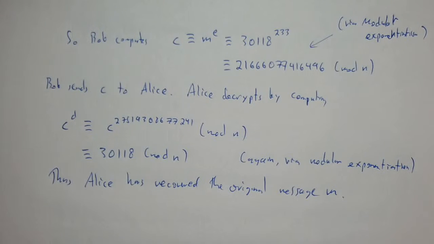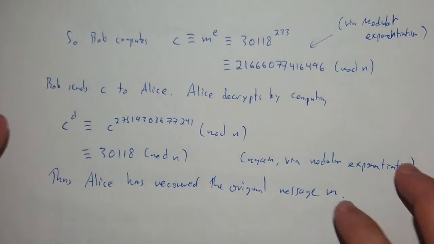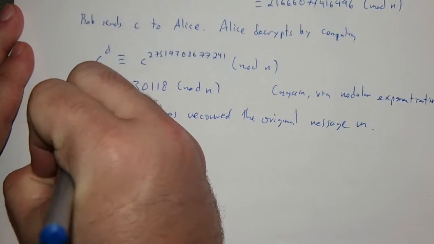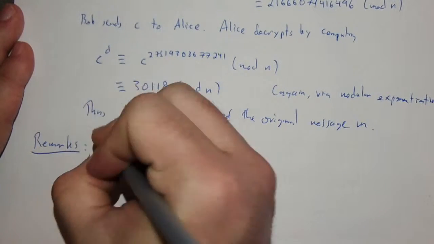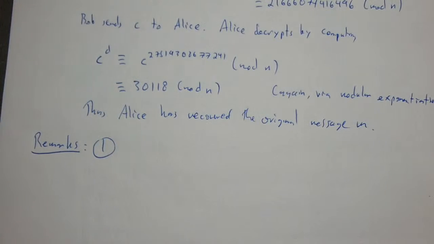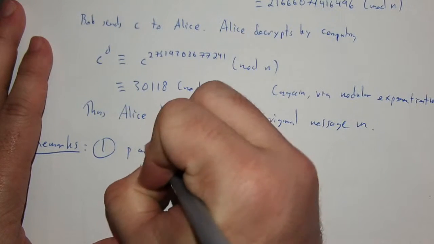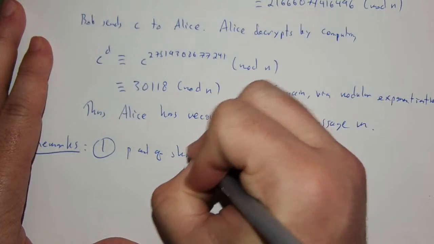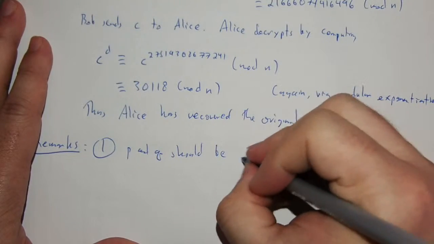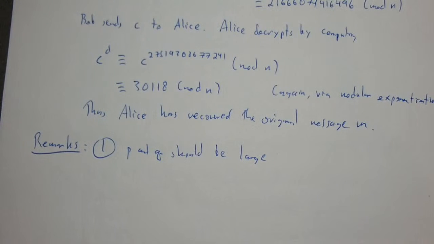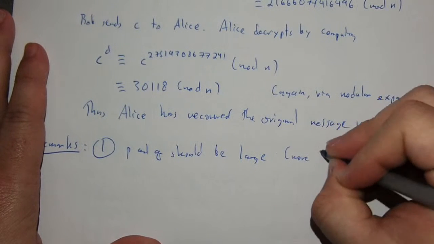Euler's theorem is the reason why this reversal works. Before I get to that, I was going to list out a few things. So, some remarks. The first remark is that P and Q should be large, say more than 100 digits.